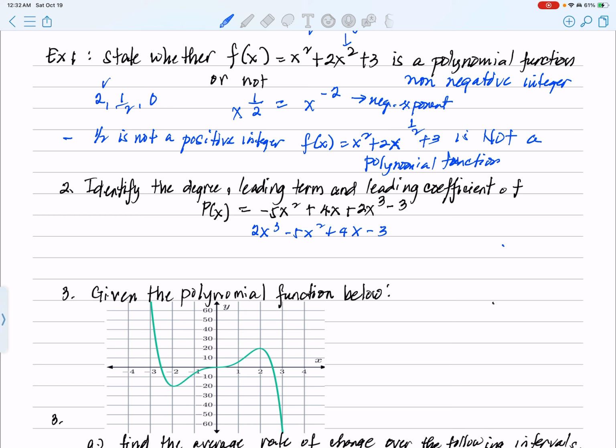Actually, we can look at it right away, but we have to be sure when we write this in order.